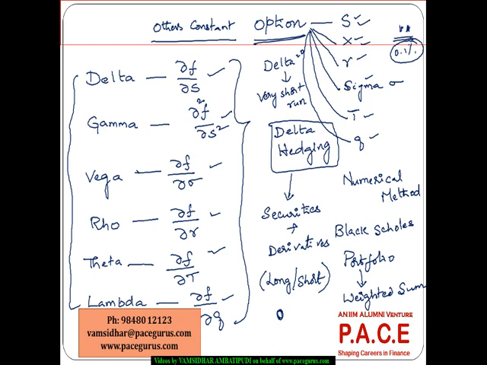Whereas if the price changes by 1%, delta hedging may not make the overall risk of the portfolio completely zero. So as a part of the delta hedging, I may have to rebalance the portfolio always.